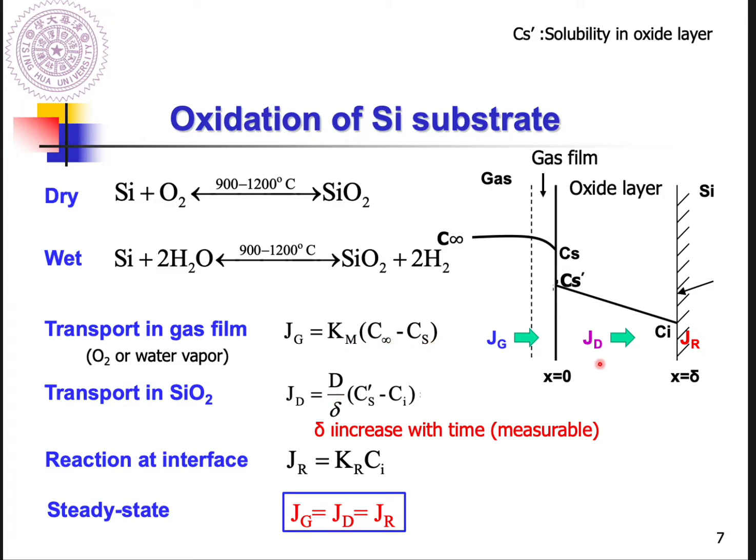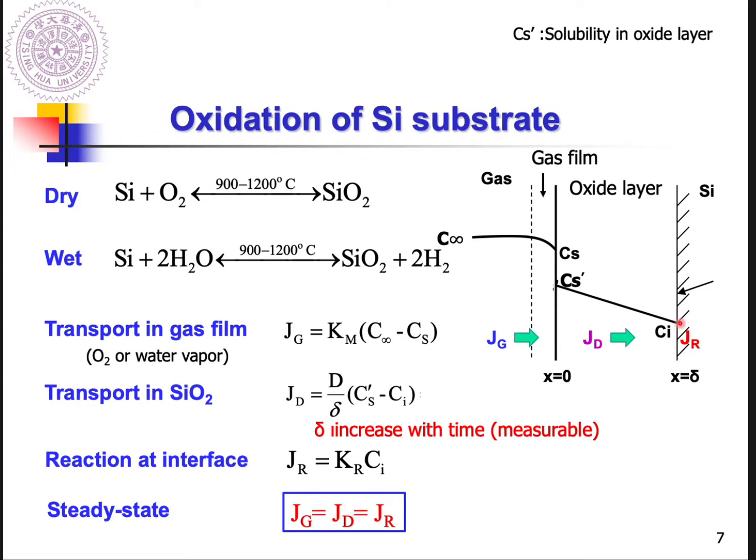So next, we are going to try to formulate the JD. What's the JD? It is the transport of the oxygen into the oxide layer, so it will be the transport coefficient times Cs prime minus Ci. This is the concentration of oxygen at the surface of the silicon substrate.